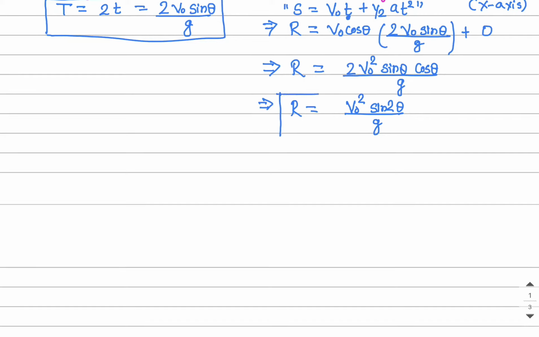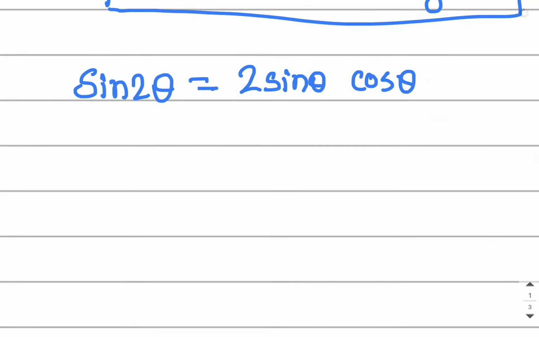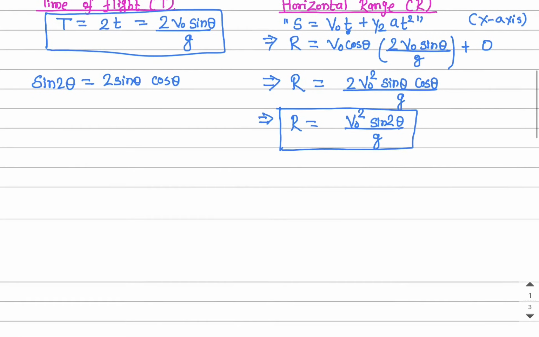So this is the formula for the horizontal range. Here we have used one formula: sine 2 theta is equal to 2 sine theta times cosine theta. I have used this formula and plugged it into this equation. So this is the formula for calculating the horizontal range.